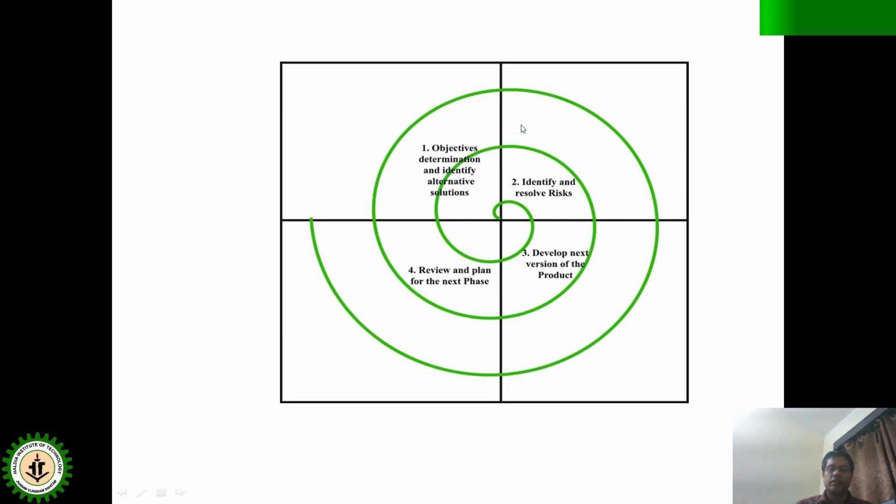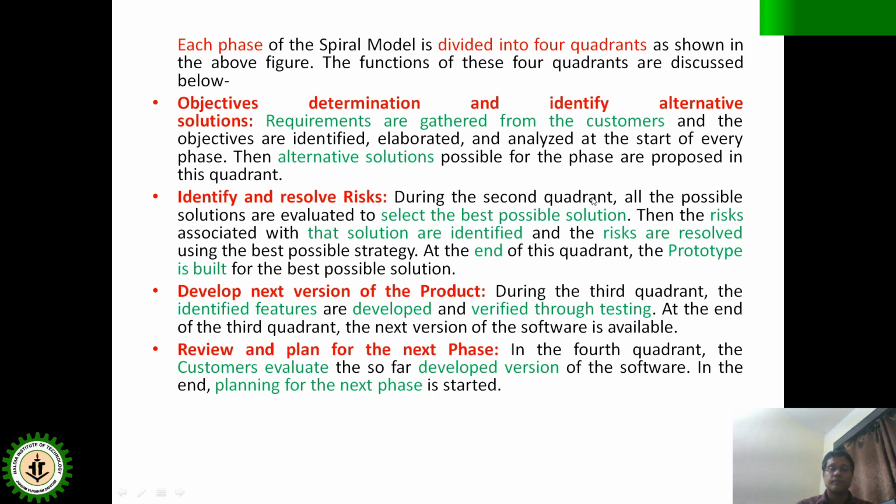The second quadrant is identify and resolve risks. All possible solutions are evaluated, and we find the best solution to tackle the risks.